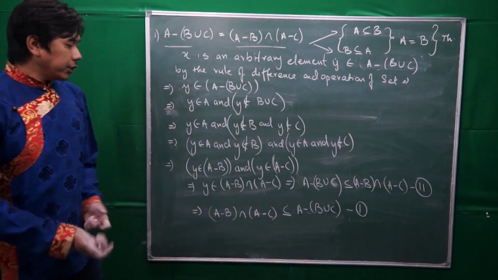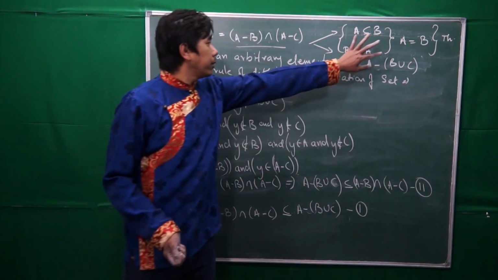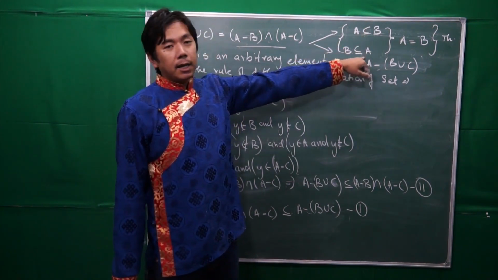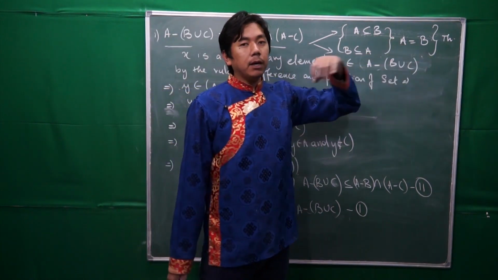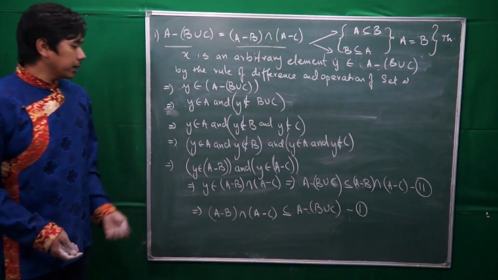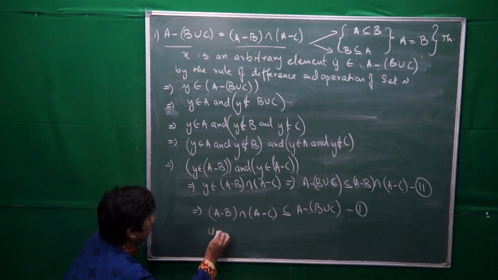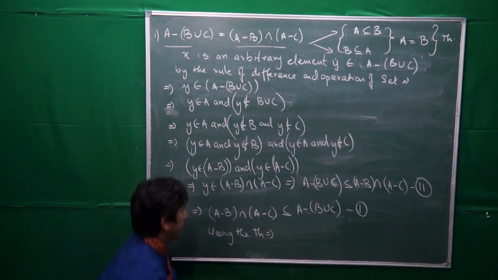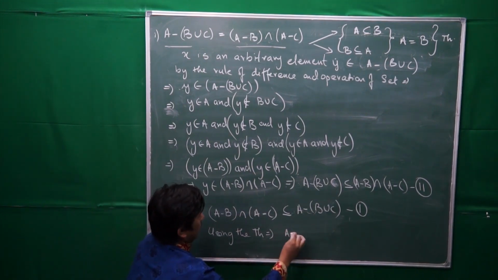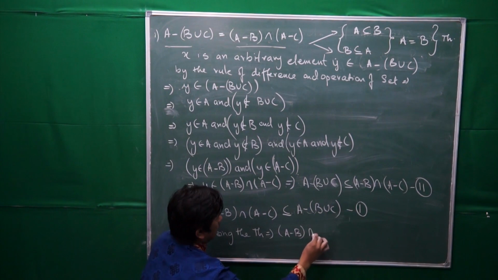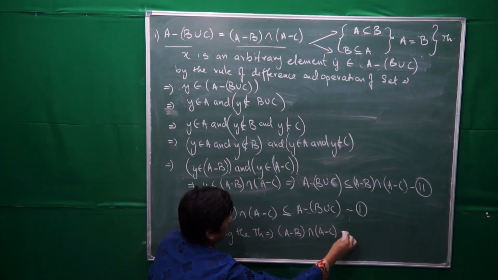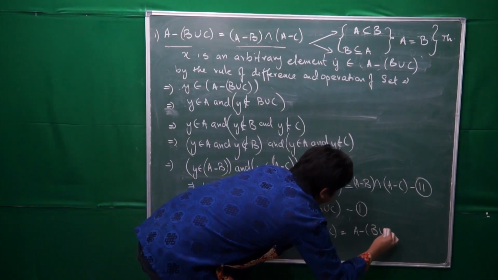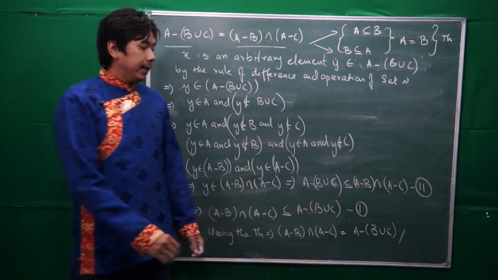So these two equations are enough, and by using the theorem that states that if A is a subset of B and B is a subset of A, then set A and set B are equal, we can say that (A minus B) intersection (A minus C) equals A minus (B union C).